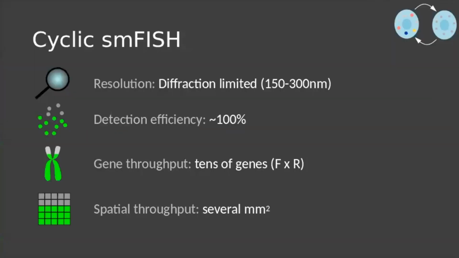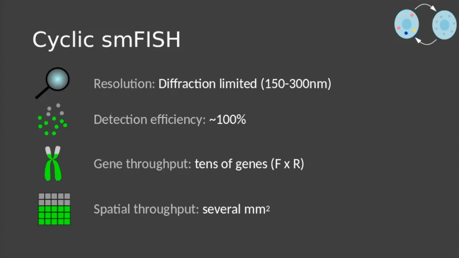All right, so cyclic FISH, to summarize it, it has a resolution that is diffraction limited, like it's the limit of the microscope. Depending on the wavelength, it's between 150 and 300 nanometers. That's the resolution that you get from this method.